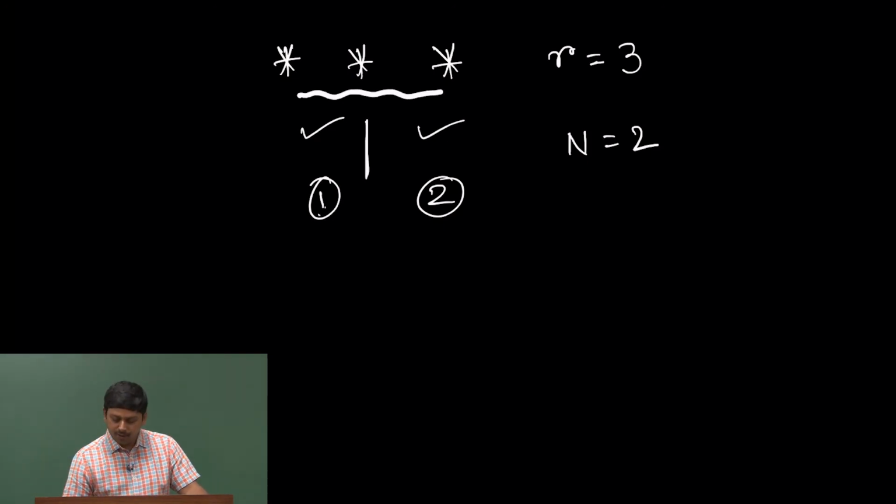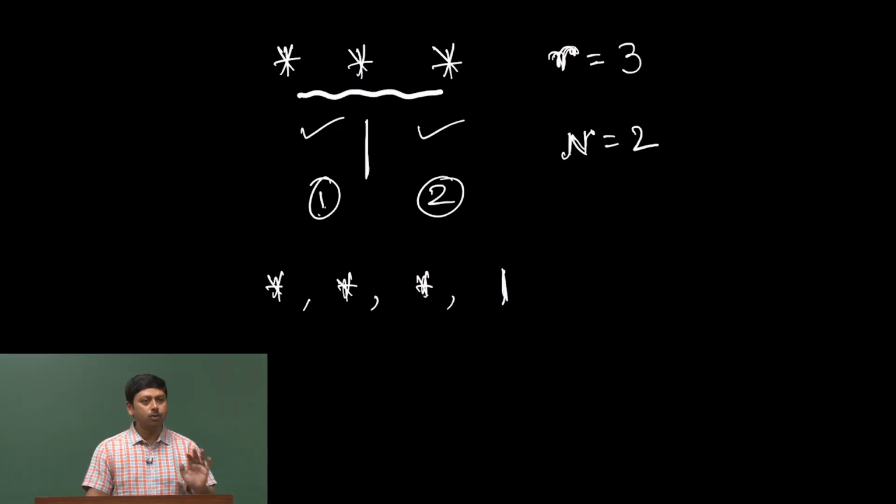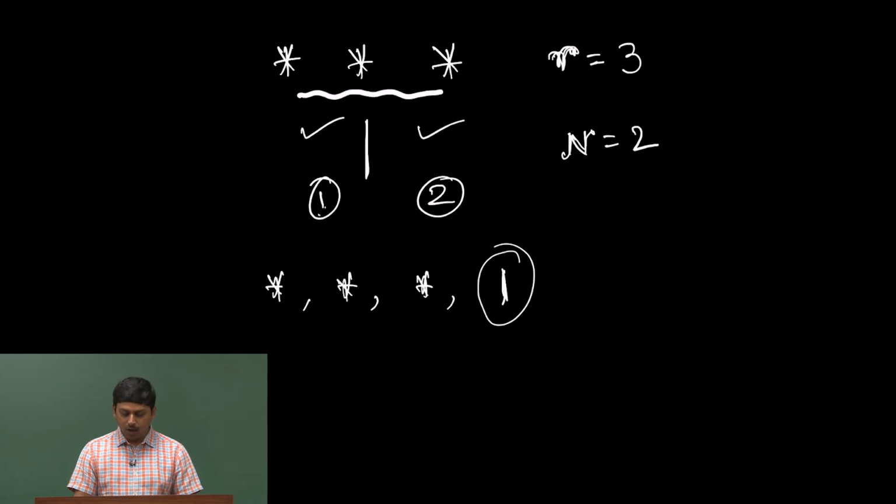So, I have 3 units of energy and 2 particles. Now, essentially I have 4 elements, 1, 2, 3 and 4. Just imagine them as elements. Out of these 4 elements, I can put this bar in any of the 4 places.